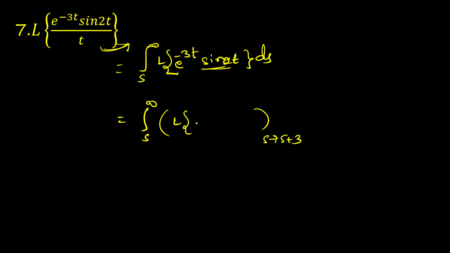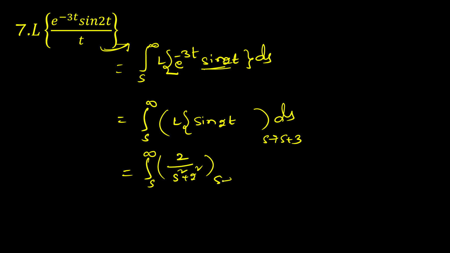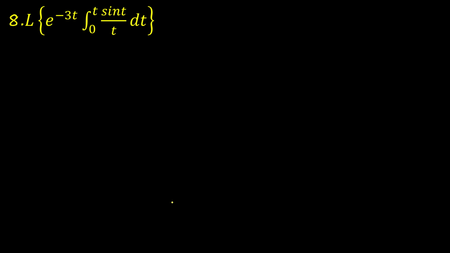So this one is equal to L of sin 2t into ds. Now integral s to infinity L of sin 2t, sin 2t is 2 by s square plus 2 square. Again s changes to s plus 3 into ds. Like the previous problem, now you can evaluate this integral function.